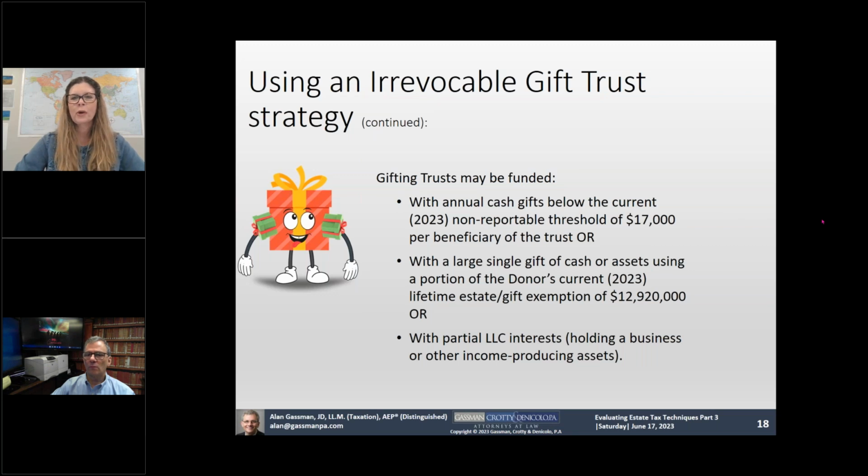But the Crummey provisions, from the Crummey versus Commissioner Tax Court case, allow the beneficiaries about 60 days to withdraw funds that you've contributed to the trust in order to qualify it as a current gift. So that's what keeps it out of the estate.